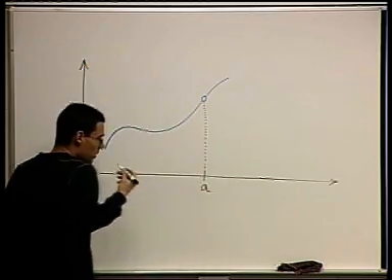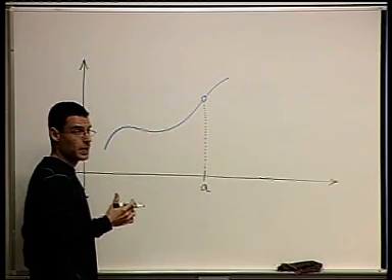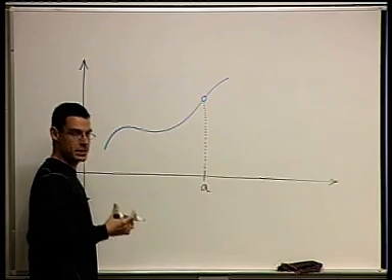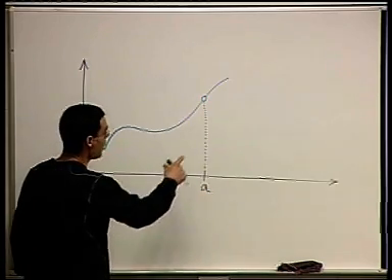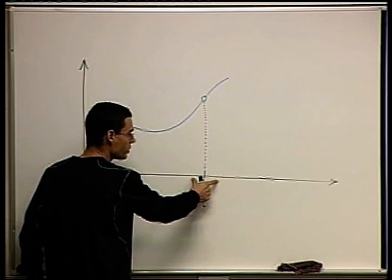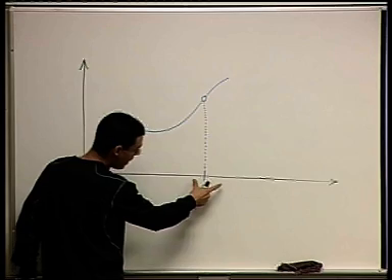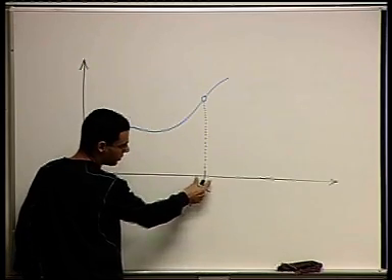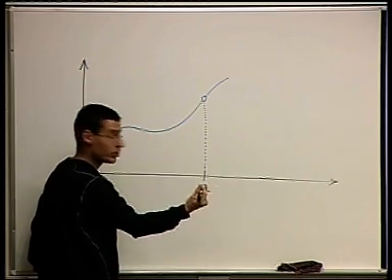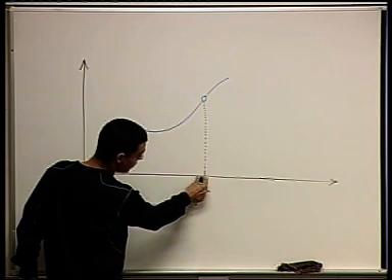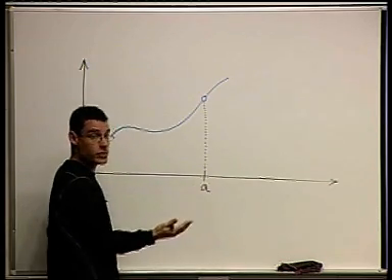And the phenomenon that we want to capture is what happens when we get closer and closer to A. Okay? When we get closer and closer to A, I'm doing this with my fingers, closer and closer to A, what happens to the function?